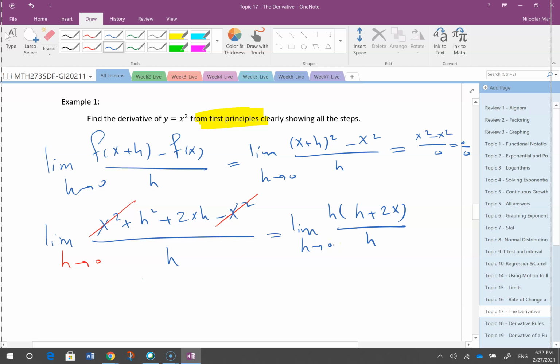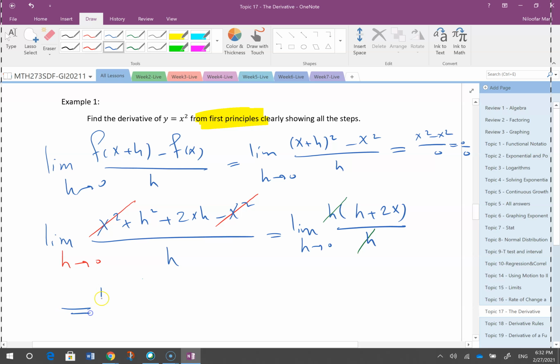This is what I want, because the 0 over 0 is bothering me. How can I cancel? Because h approaches 0, it's not 0. Mathematically, I am dividing top and bottom by h and cancelling. You don't need to explain it. We all know h approaches 0, h is not 0, otherwise I'm not able to cancel.